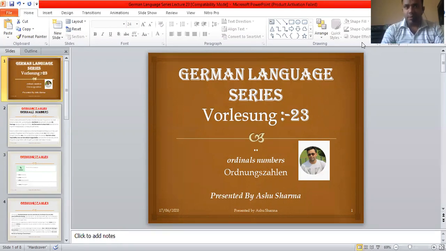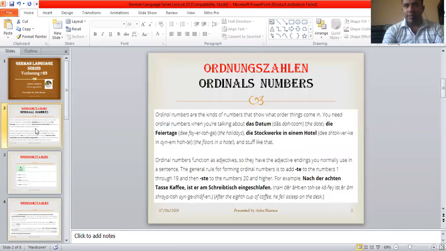So we will start our practice of these ordinal numbers. Let's move to the next slide. Ordnungszahlen, ordinal numbers. Ordinal numbers are the kinds of numbers that show what order things come in.